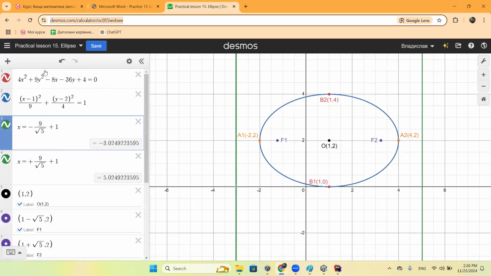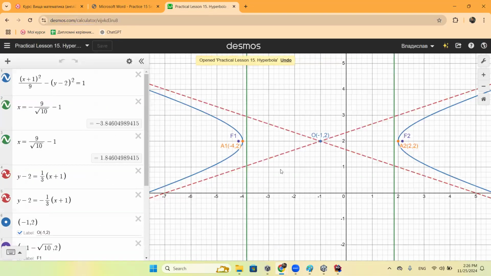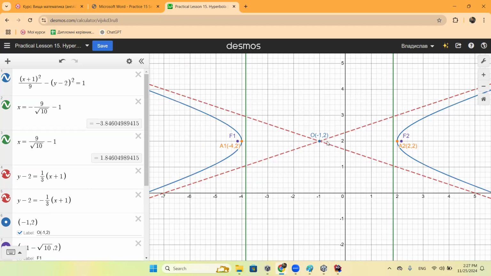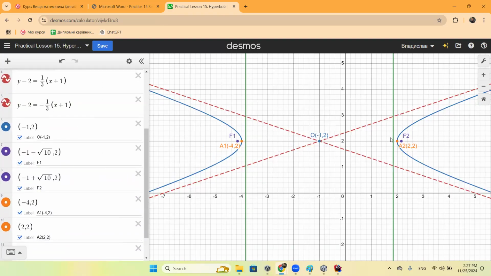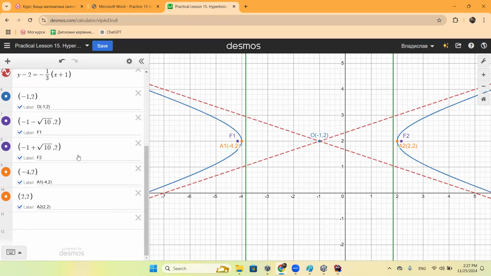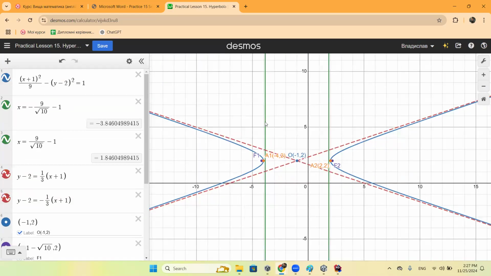And now let's see the graph of the hyperbola. So this is the hyperbola graph. Here is the center, minus 1, 2, the vertices, the foci coordinates F1 and F2, then the directrices, the first and the second, and the asymptotes, the first one and the second.